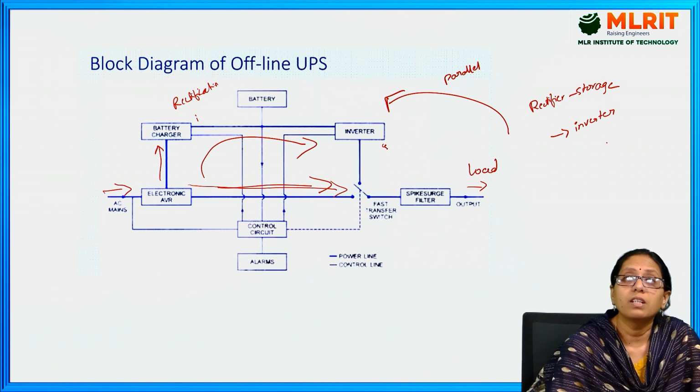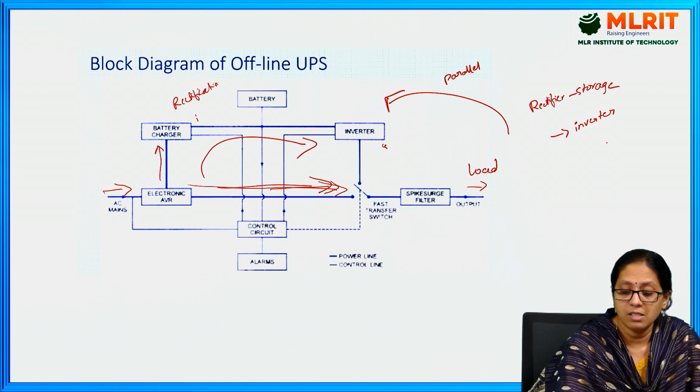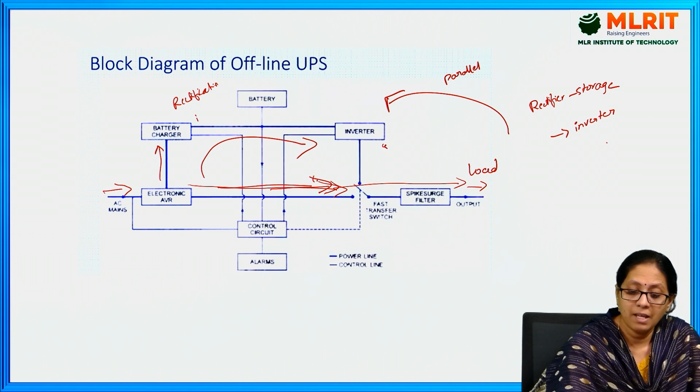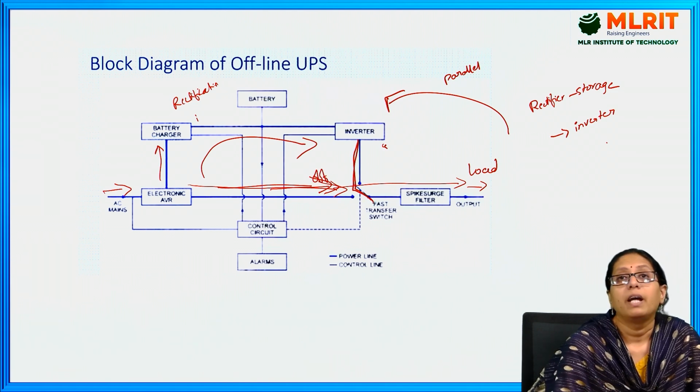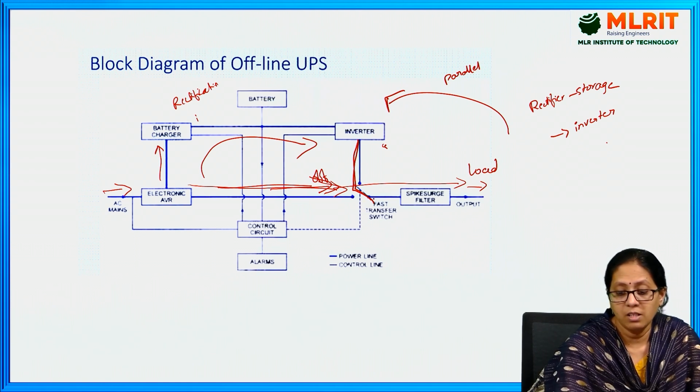Whenever the main supply is present, it is connected to the load. And whenever any kind of fault occurs, whenever the supply is off, we connect this inverter as well as the rectification process and battery in this way.